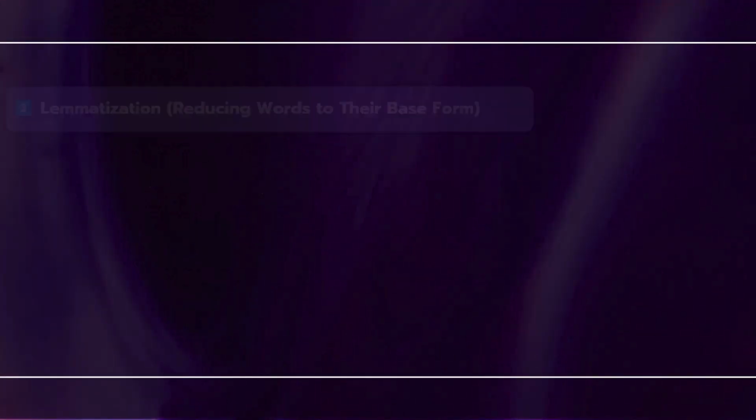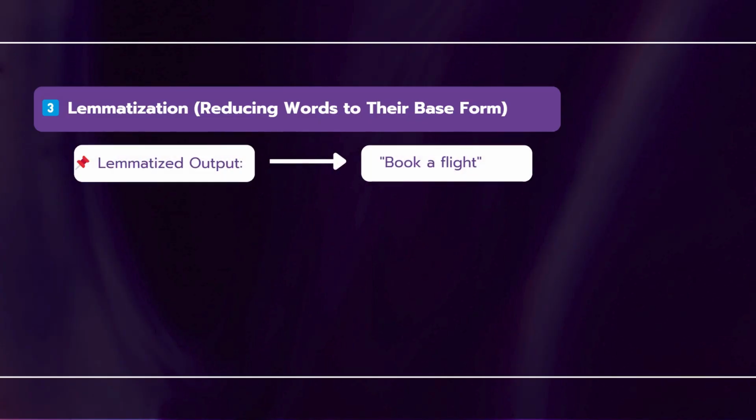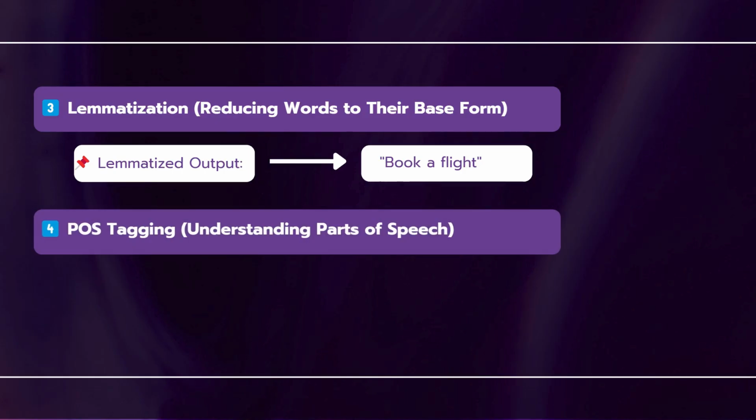First, we apply lemmatization, which reduces words to their base or dictionary form. For example, booking becomes book, helping the chatbot better understand the intent. In our case, book a flight represents the refined action. Next, we perform POS, part-of-speech tagging, which assigns grammatical categories to words. This step helps the chatbot understand sentence structure.